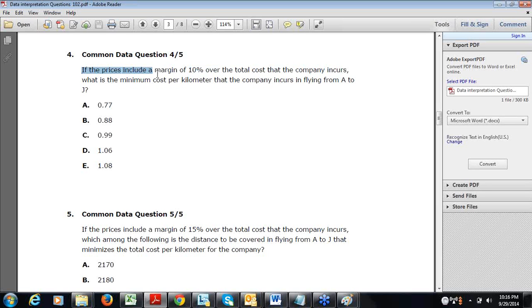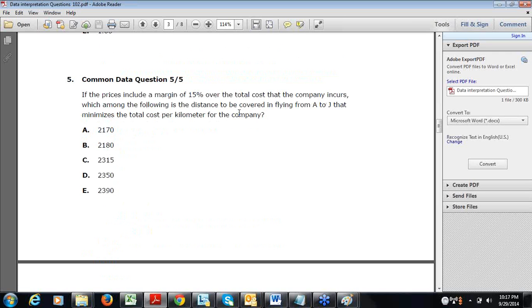Because if the prices include a margin of 10% over the total cost that the company incurs, and what we have to find out is the minimum cost per kilometer that the company incurs, so that 10% has been included in the total cost, so that needs to be divided in order to find out the exact cost that the company incurs from A to J. Okay.